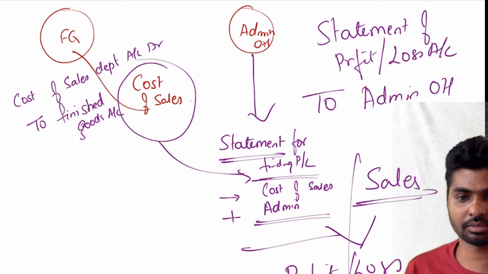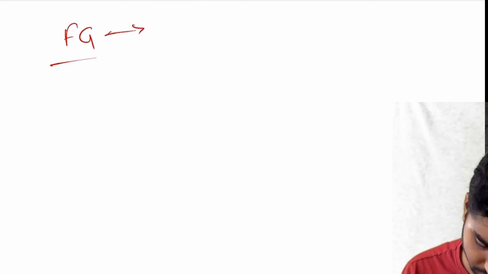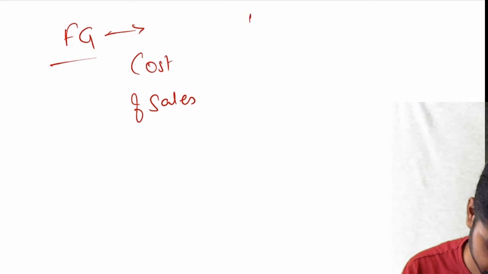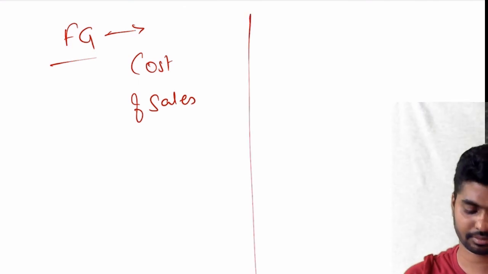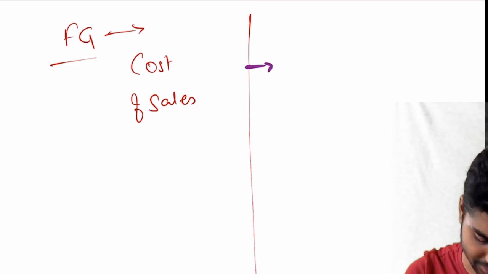Okay, Aditya, see you. So from the finished goods, I transferred it to the cost of sales. So cost of sales basically has what?